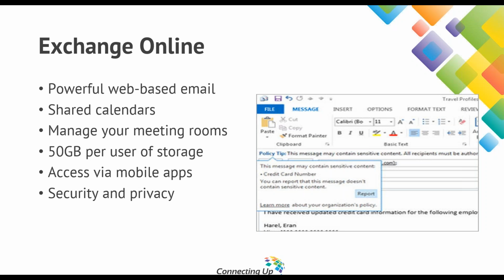But you can also just use your Exchange account as an account on your iPhone, no problems at all. And of course, we have very good security and privacy implementations here. You can see in the screenshot that it's recognized that somebody's trying to put a credit card number in an email. It tells you that that's probably not a great idea. There are also anti-spam tools in Exchange as well.